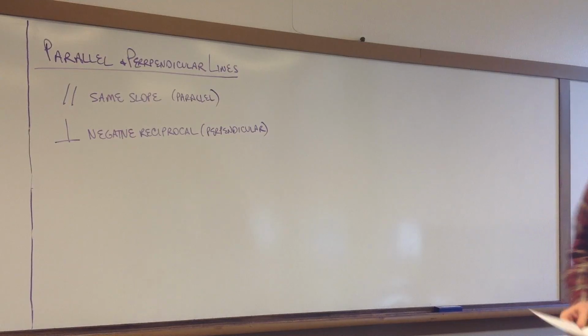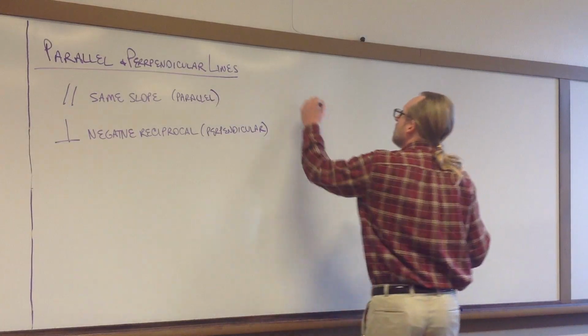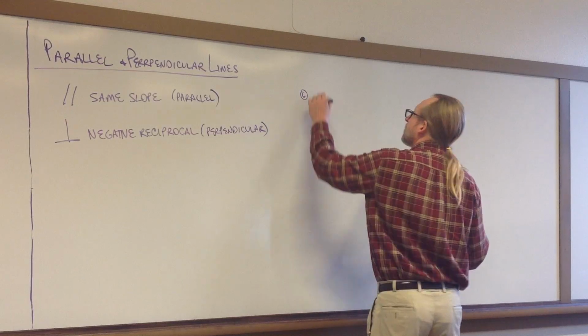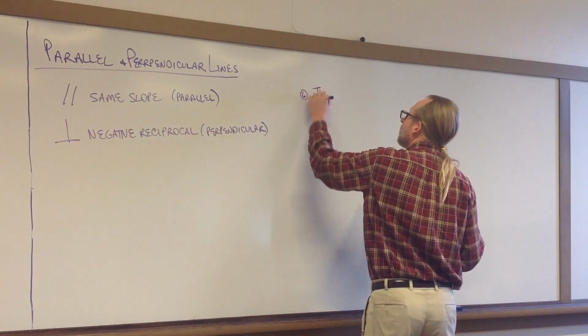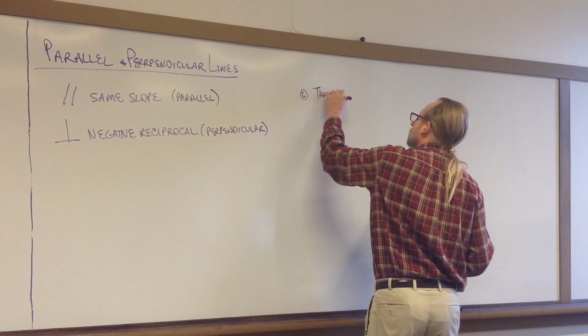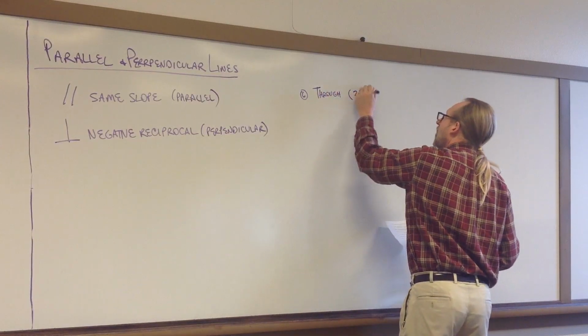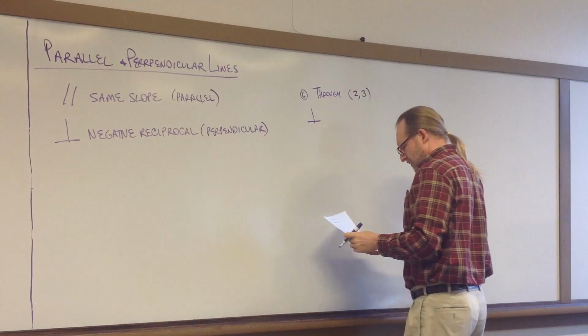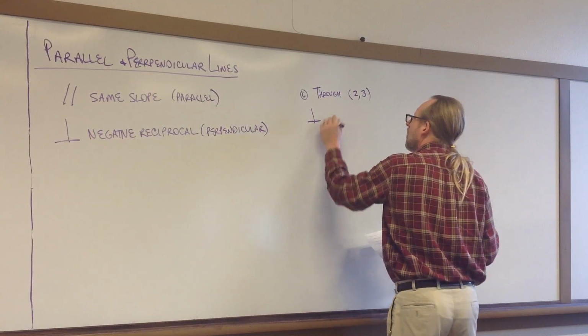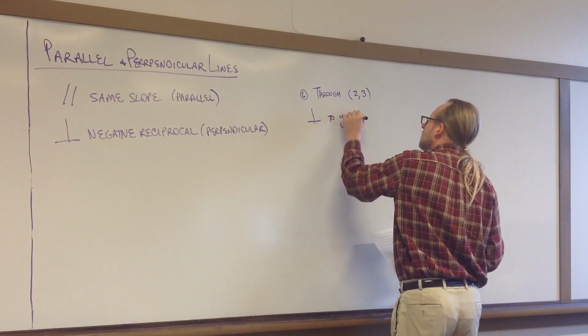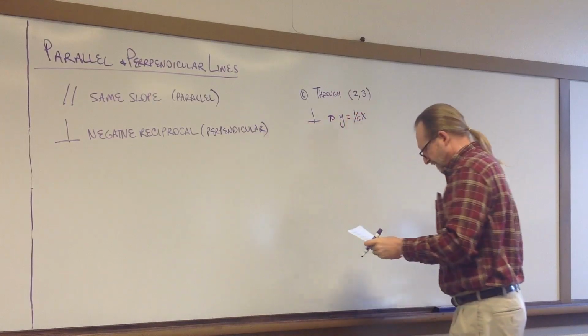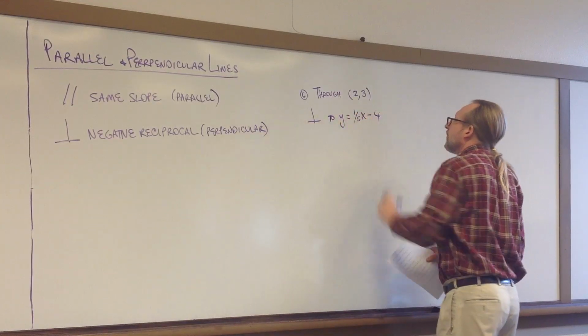Problem 6 is the first one we have that's perpendicular. We want a line passing through the point (2, 3) and perpendicular to y equals 1/5 x minus 4.